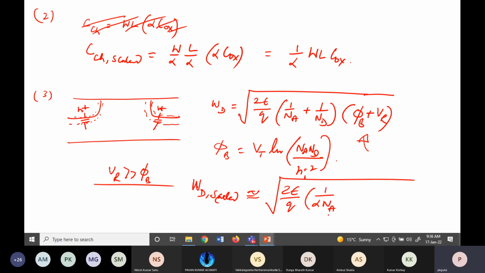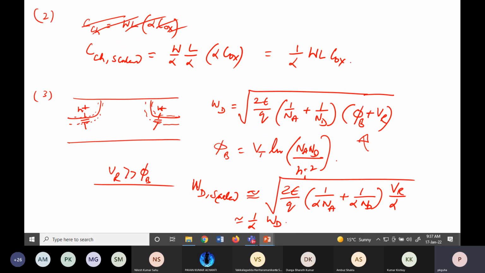The doping concentration needs to increase in your scaling, so both these will go alpha times, whereas Vr will be reduced by alpha times. If you check that, you will see that WD becomes 1 over alpha WD. So your depletion width is also reduced by the same amount, and so on and so forth.